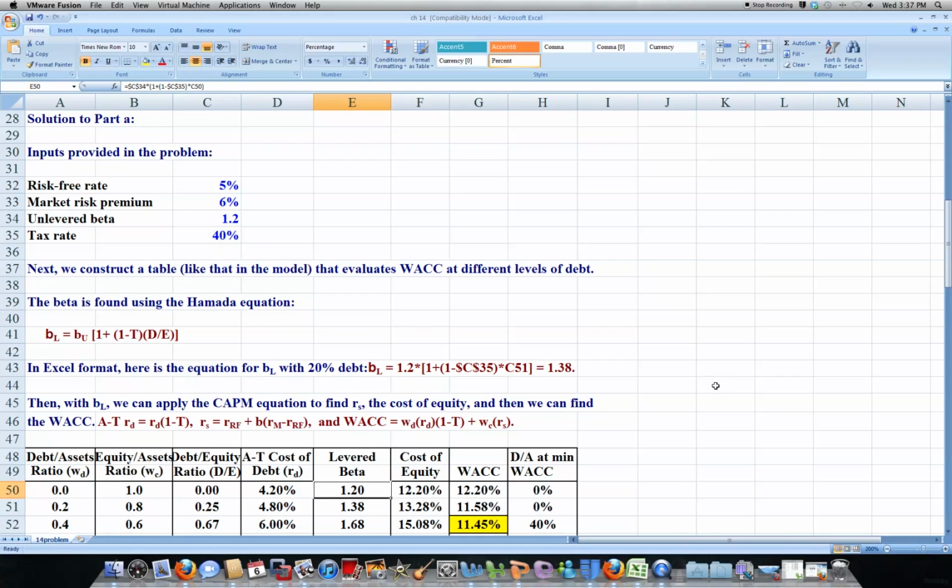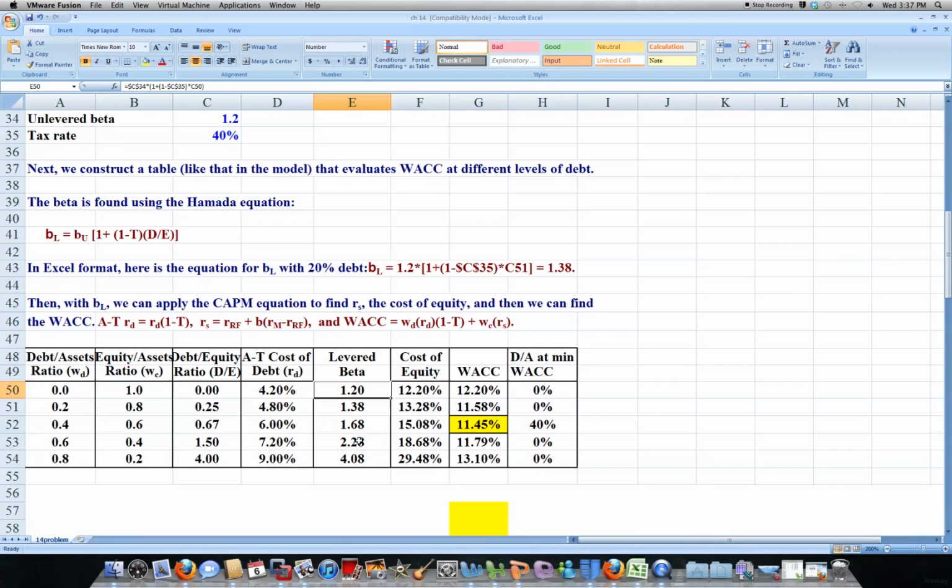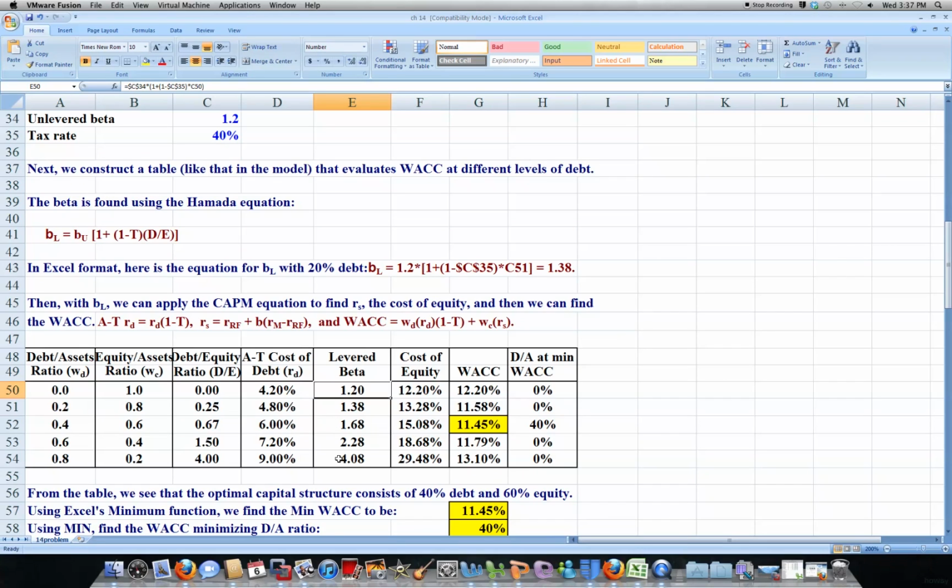Now we have to find our levered beta, and in that case, we just use the Hamada equation. Our levered beta is our unlevered beta, C34, times 1 plus (1 minus the tax rate) times our debt to equity ratio. And so in this case, our levered beta is 1.2. Now you just do that for each one of these.